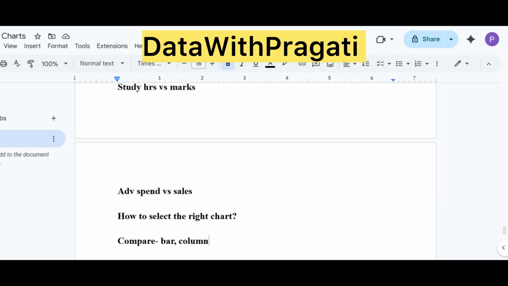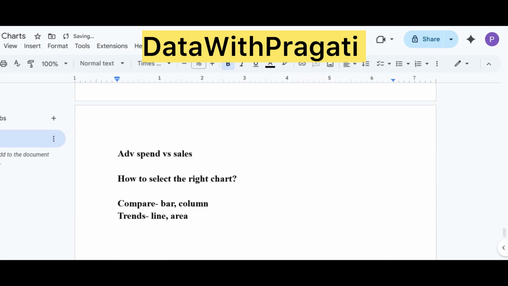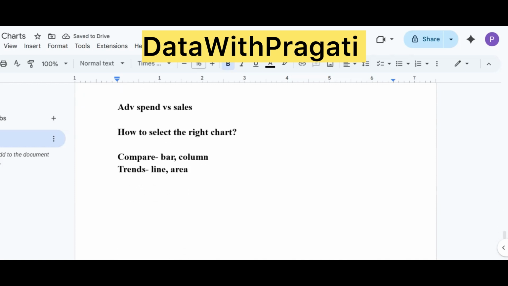If you want to show trends over time, then use a line chart or area chart. Example: monthly revenue growth. If you want to show contribution or percentage, then use pie, donut, and treemap.